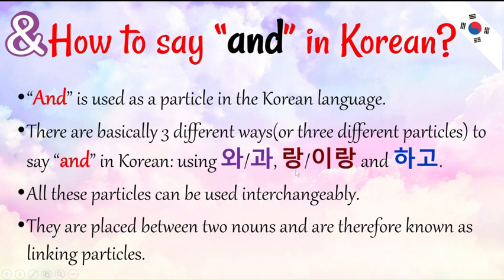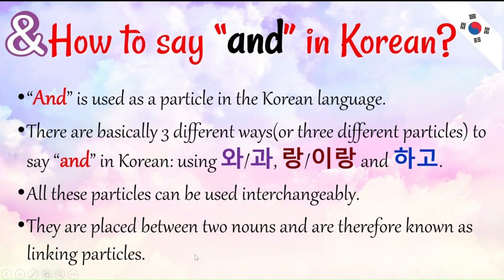Now how to use them in a sentence? What will be their location? So, these particles are placed between two nouns in a sentence, and therefore they act as a connecting agent or as a linking agent in a sentence. They link two nouns. Okay, so they are placed between two nouns, and therefore they are known as linking particles.